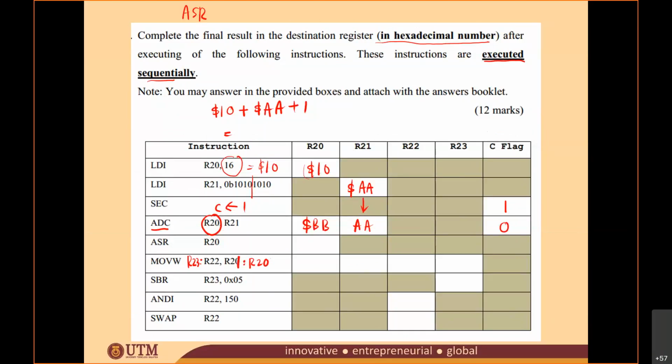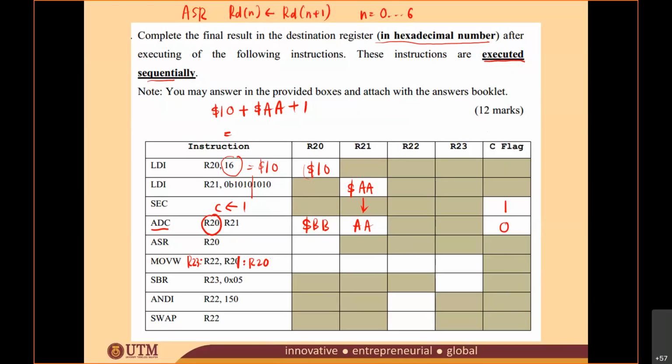If you refer to the instruction set summary, where is my ASR? Okay, it says that Rd(n) equals Rd(n+1), where n goes from 0 to bit 6.